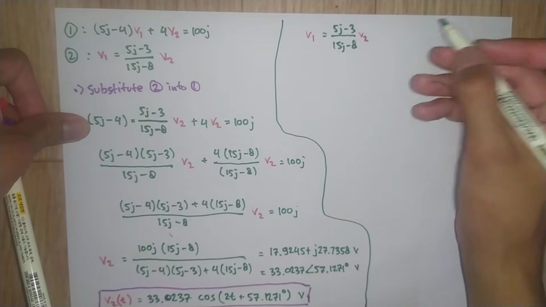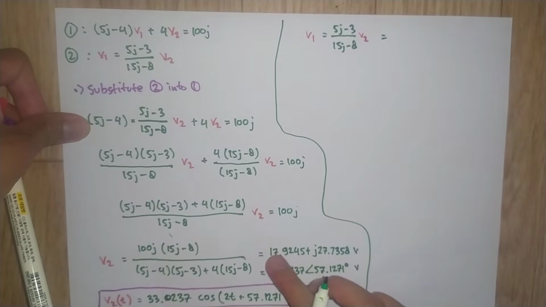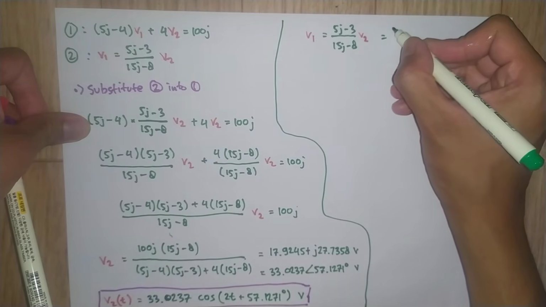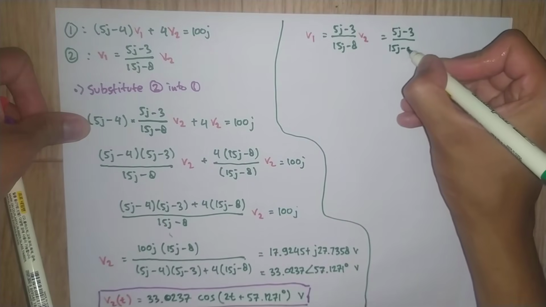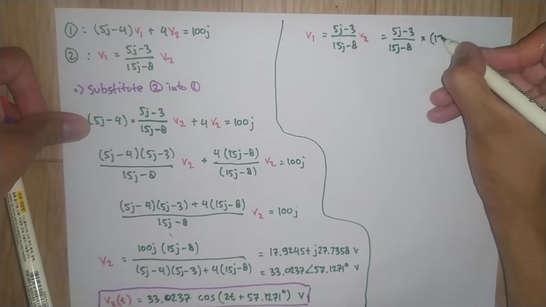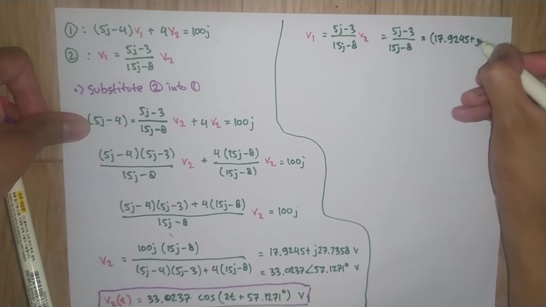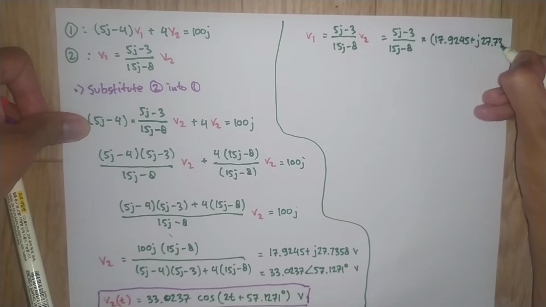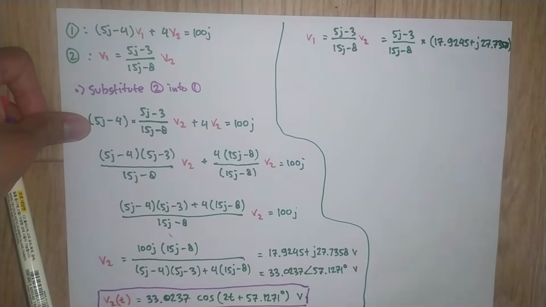So I will have V2 here, so we can just plug this Cartesian or polar coordinate into calculator. That is no problem. So I will have 5j minus 3 and then 15j minus 8, and we multiply this by this one here, 17.9245 plus j27.7358.